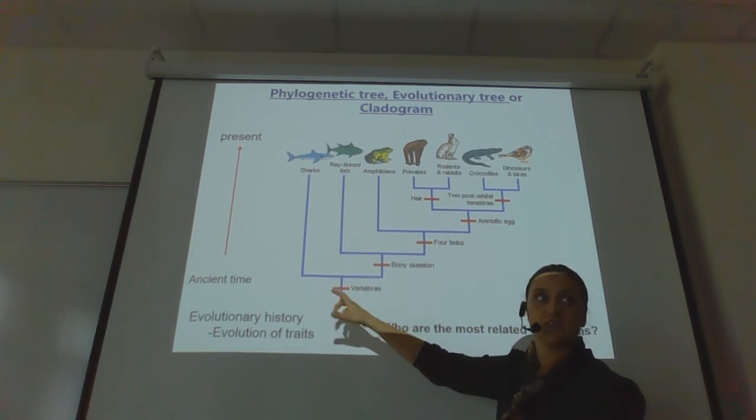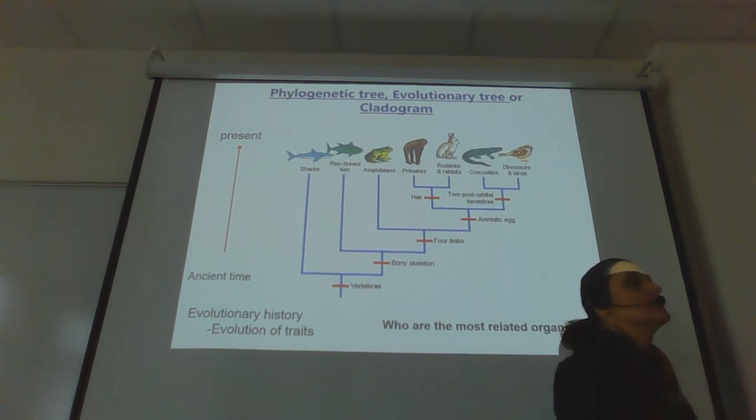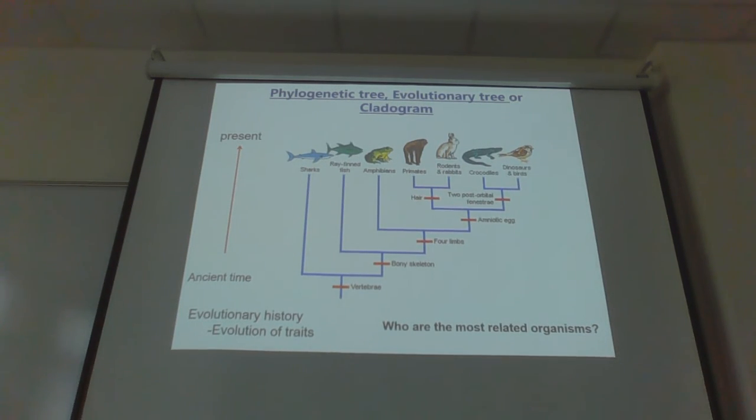So this is a characteristic that the whole clade will have. These are all different groups. They have evolved from this first common ancestor. But there was a diversification, a bifurcation, from this first common ancestor, where one group went on to evolve a bony skeleton and the other didn't.